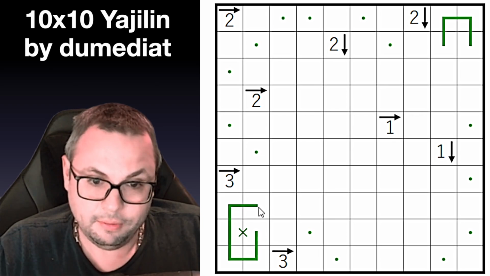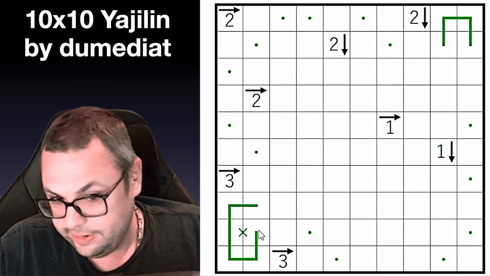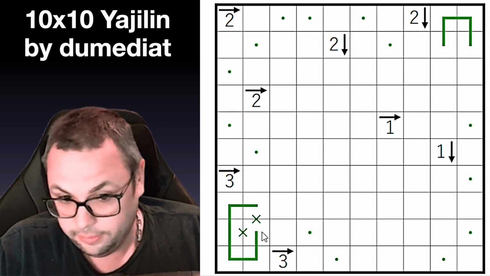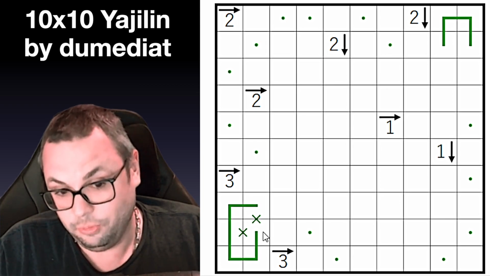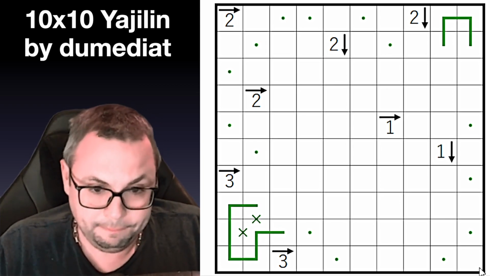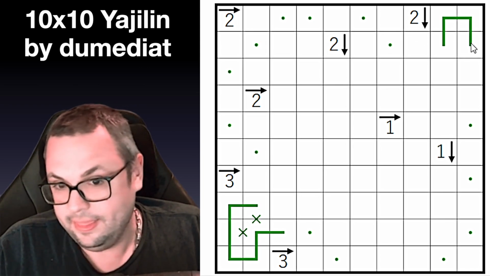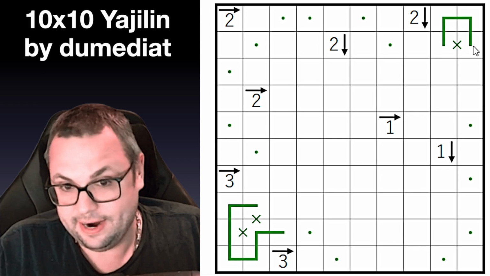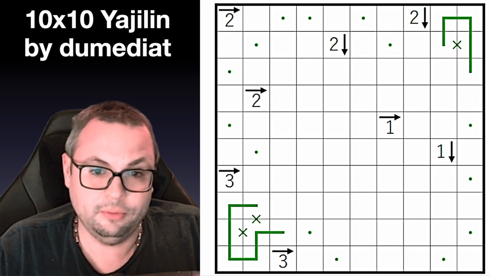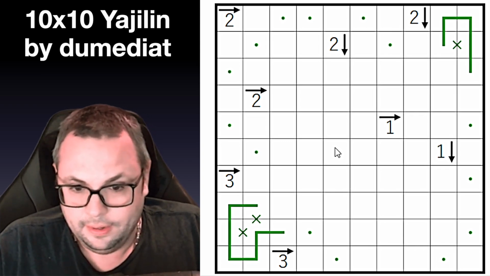Okay, and now I need to avoid closing this loop. And so that has made this a corner, and so that connects over there. And likewise, I can do a little bit of that here. This cell can't connect there, so it has to go that way, and that makes that a corridor.